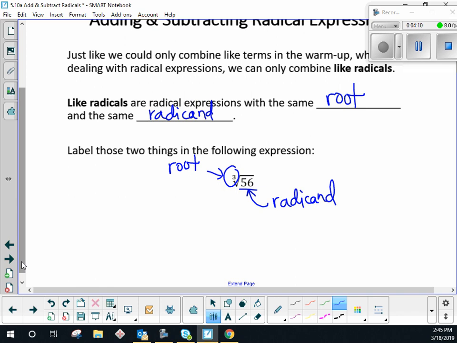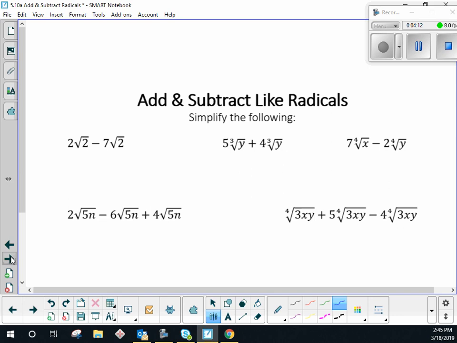All right, so here are some examples. In this first problem right here, 2 rad 2 minus 7 rad 2. Do they have the same root? Do they have the same radicand, the number under the radical? Yes, right? So here's what's really going on. I have 2 radical 2's, and I'm subtracting 7 radical 2's.